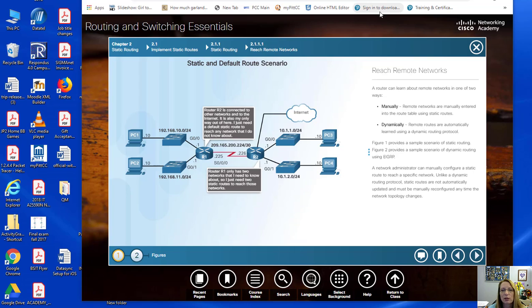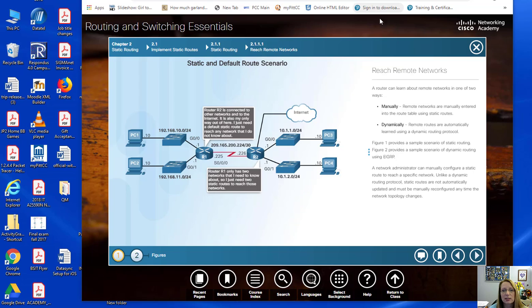Okay, so if something is going on in a network, a route goes down, that would be dynamic. It would automatically adjust to whatever changes happen in the topology. Whereas with static routing, this is done manually. So as a network administrator, being in charge of a network, you would go in and configure this manually.